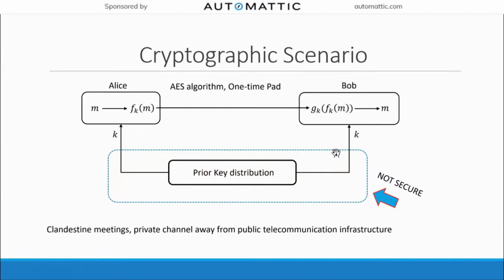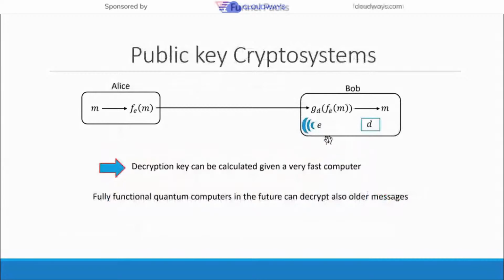So currently, we use another method to exchange secret messages, which is the public key crypto systems. So here we have basically two keys. One is public, we call it E, and is used for encryption.